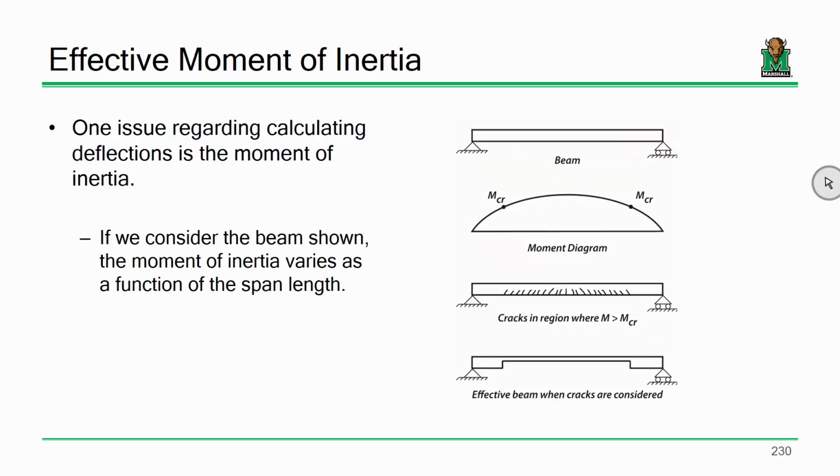The complicated issue with beams is the moment of inertia, the actual I value. Because if you look at a beam, let's say it's got a uniformly distributed load, some of those moments are probably going to exceed the cracking moment. And if that's the case, what you're going to find is some of that beam is going to be cracked and some of it isn't. So we don't use the gross moment of inertia. We don't use the cracked moment of inertia.